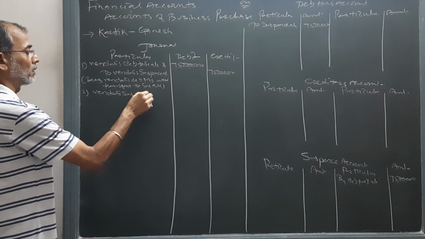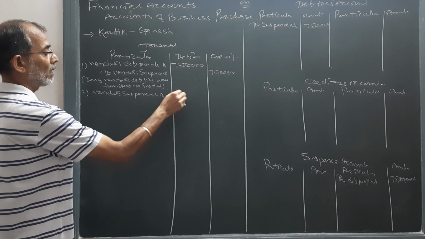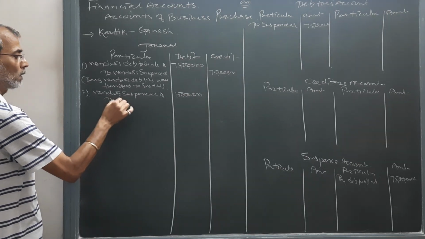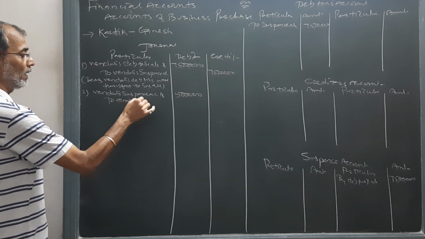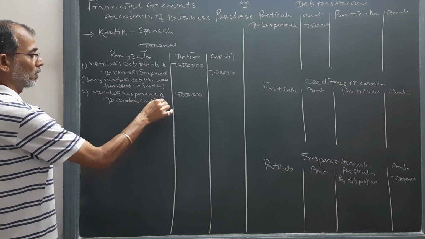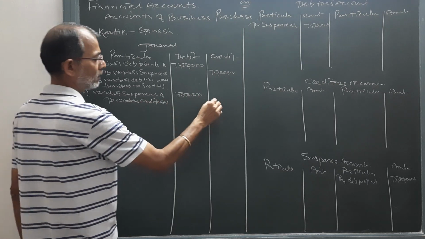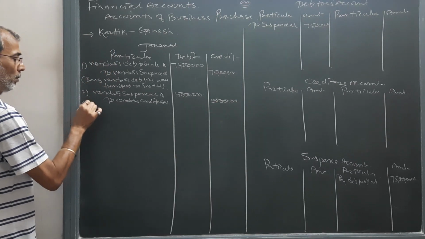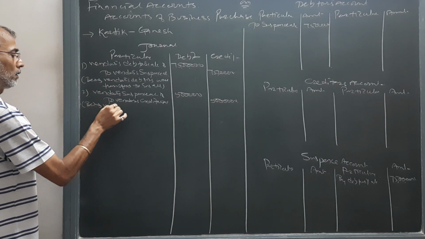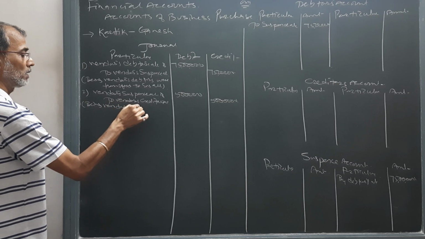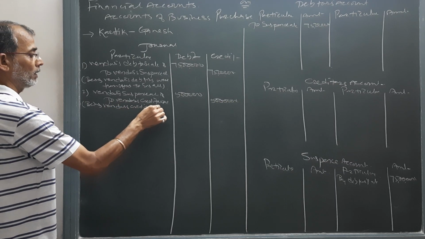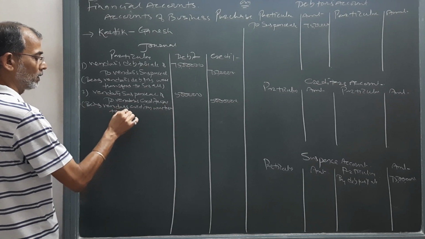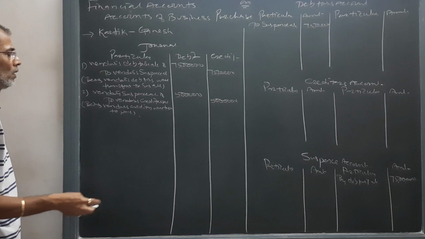Now creditors. Vendor's suspense account debit 50 lakh to vendor's creditors account. Being vendor's creditors were taken to pay.